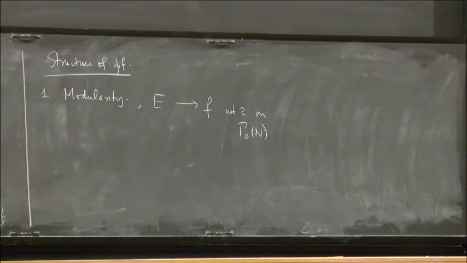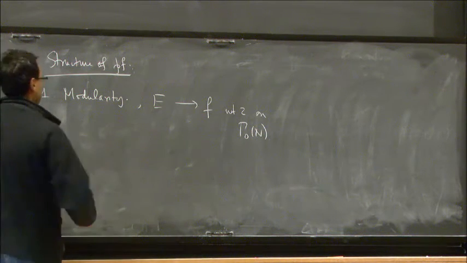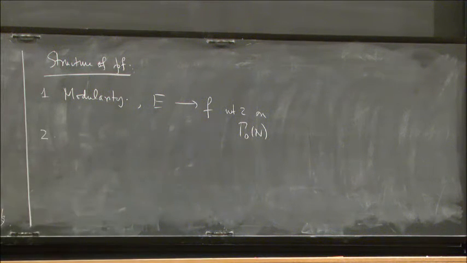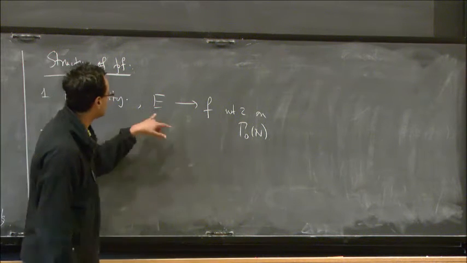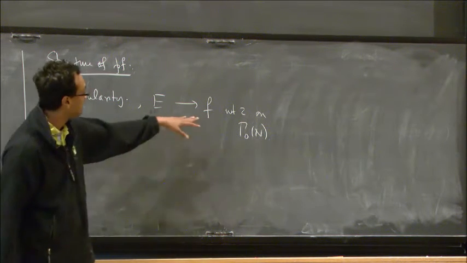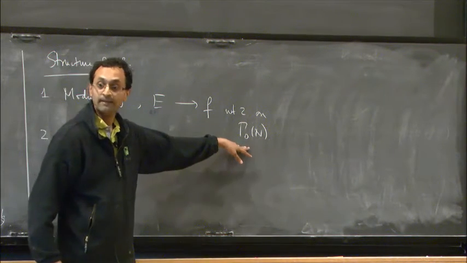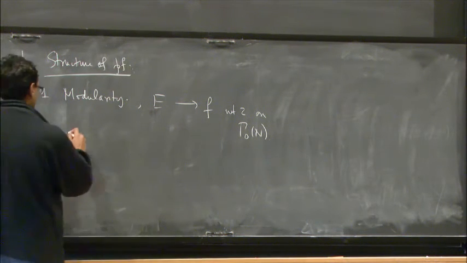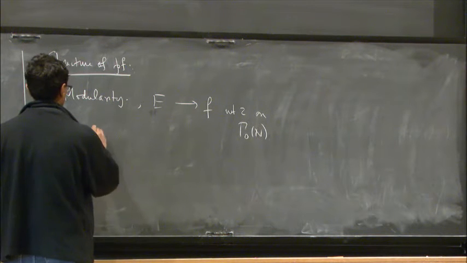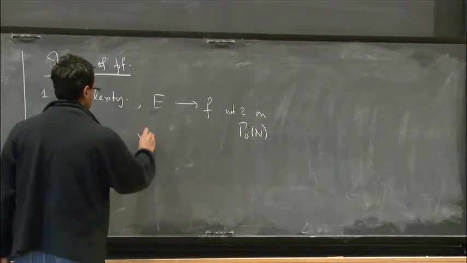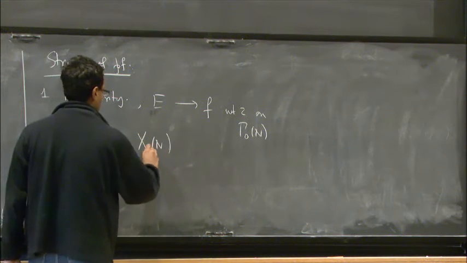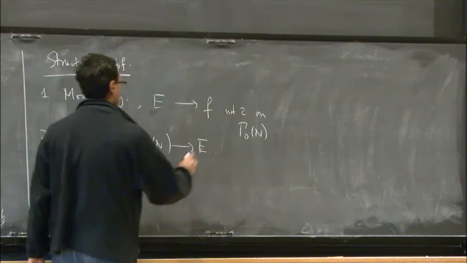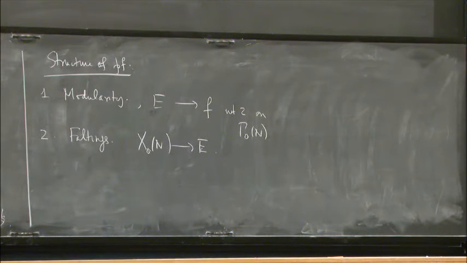Okay? The second step is a kind of geometric form of modularity. Modularity tells you that the l-adic representation associated to E also occurs in X_0(N), in the H^1 of X_0(N). And then by Faltings, one knows that there's a map from X_0(N) to E. So a surjective map from X_0(N) to E.